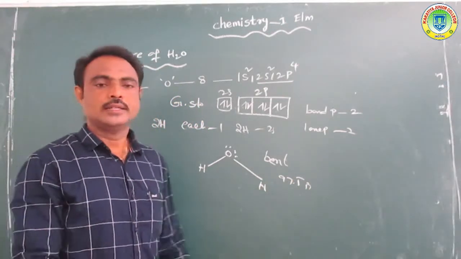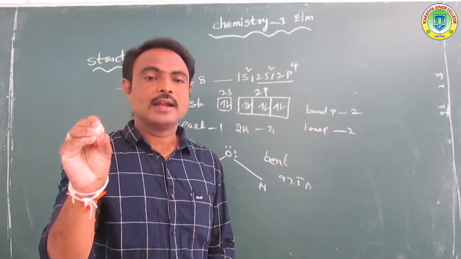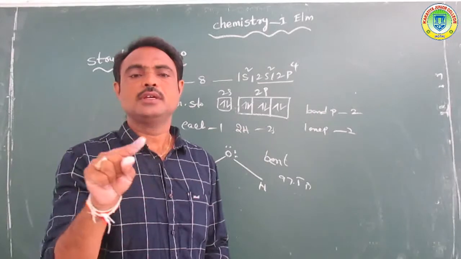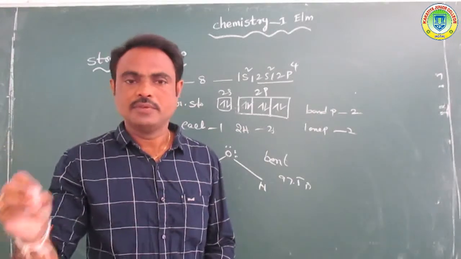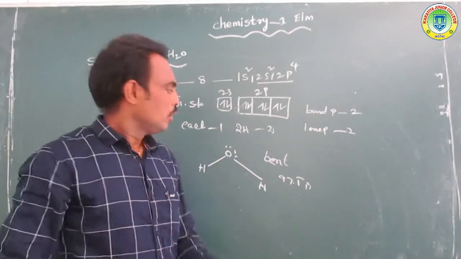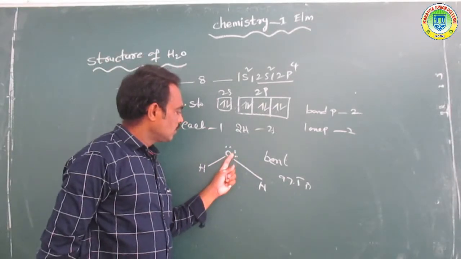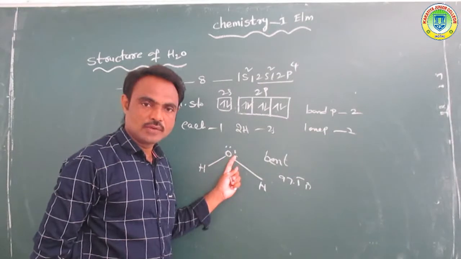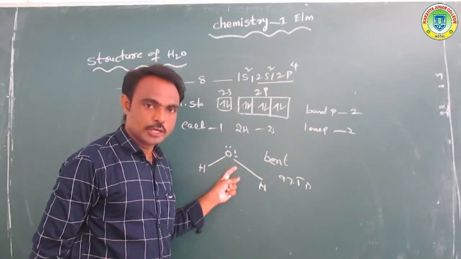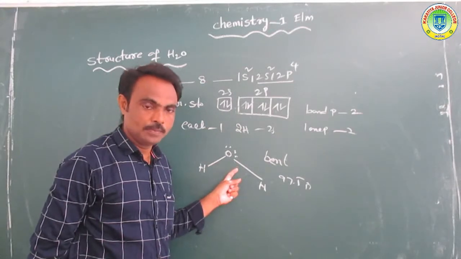Listen, the central atom is oxygen. That oxygen atom is attached to the two hydrogen atoms with single bonds. Two lone pairs occupy space on the oxygen, so it is a bent molecule or bent shape.